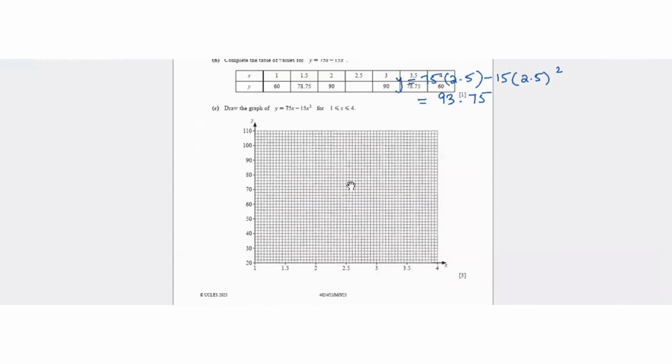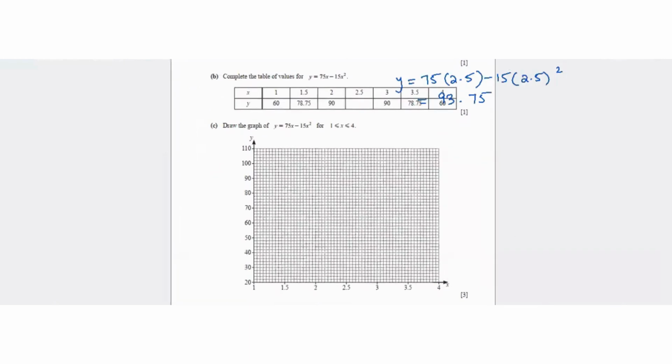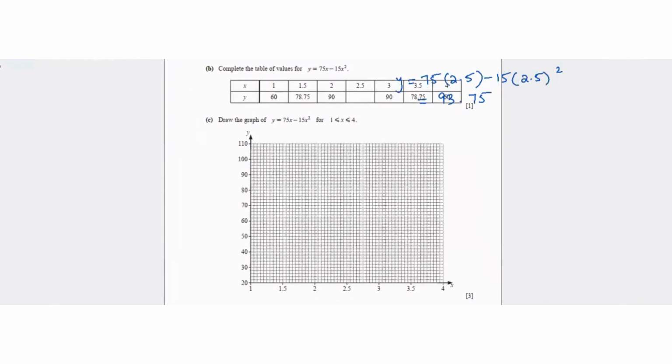That's better. So 93.75, which was over there, and we're going to plot these.